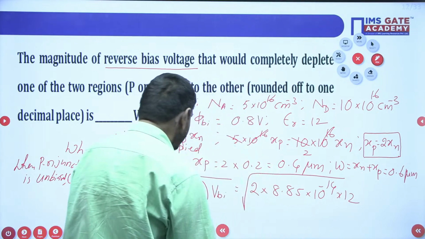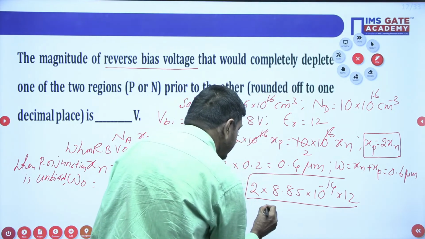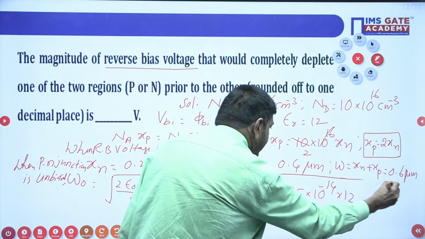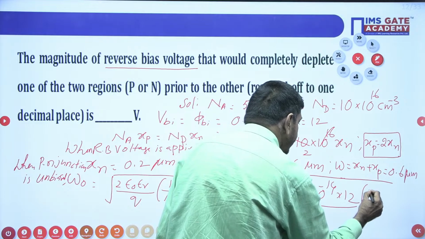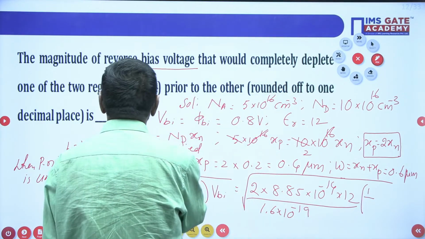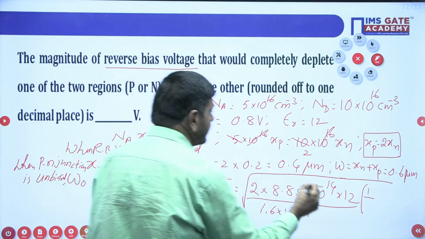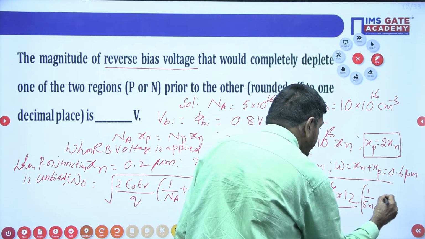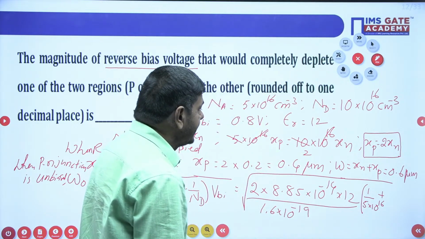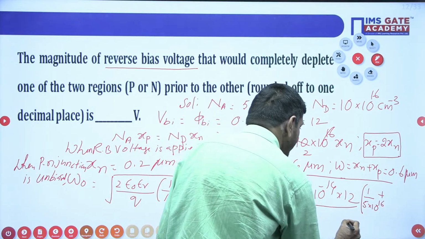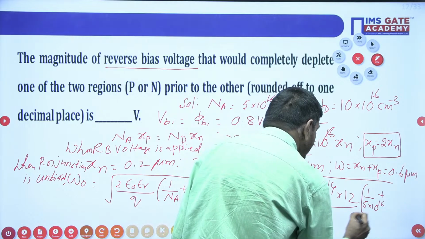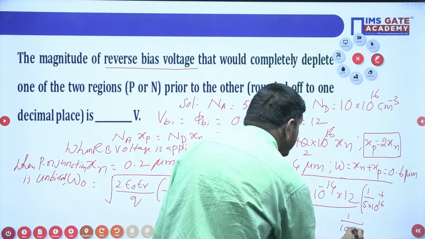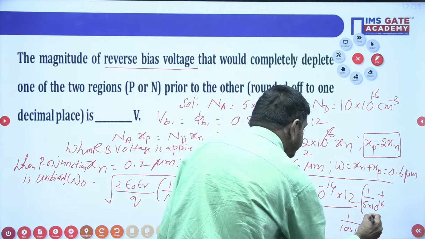Divide by charge 1.6 into 10 power minus 19, and into 1 by Na. Na is given here as 5 into 10 power 16, plus 1 by Nd. Nd is 10 power 16.